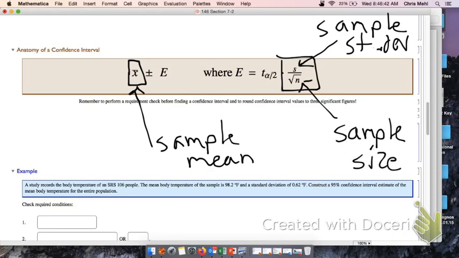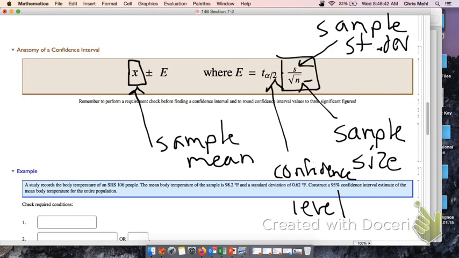Every one of these questions, they're going to give you sample data, a sample size, usually coming from an SRS, or simple random sample. They'll give you the sample mean and the sample standard deviation, and then from the confidence level you would find the t alpha over 2.